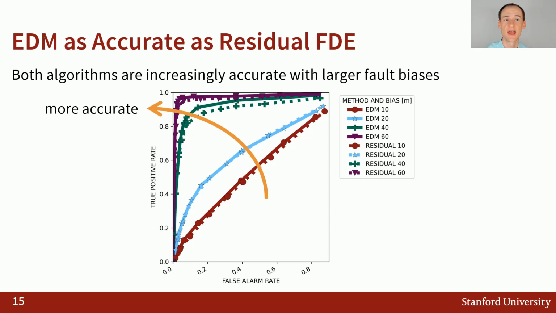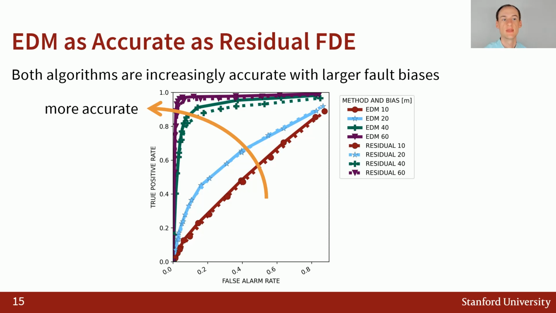So it's easier and quicker to calculate this eigenvalue decomposition in practice. So now in terms of accuracy, both algorithms have similar accuracy and are increasingly accurate with larger fault biases. So for both algorithms, it's easier to pick out which measurements are faulty when those faulty measurements have larger biases. So in this plot we show the true positive rate, so correct detections of faults, versus the false alarm rate.